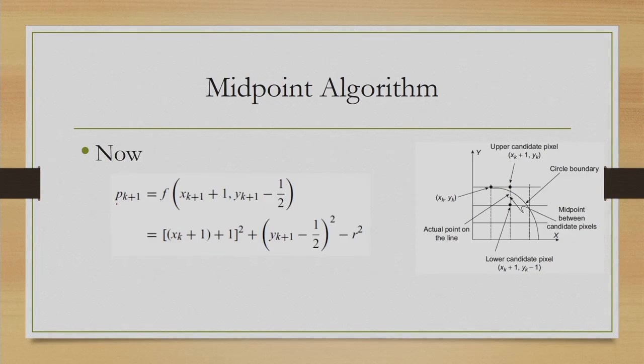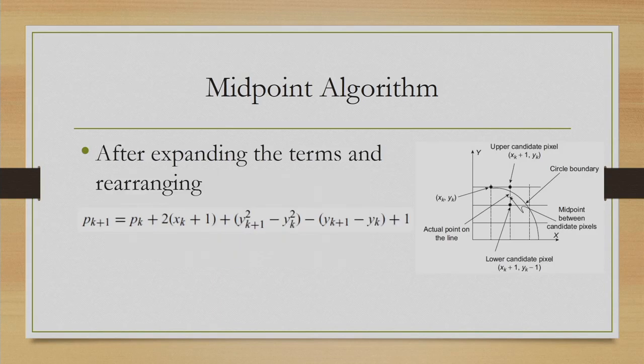Now, let us see the expression for the decision variable at the next step, that is pk plus 1. So, here our new point will be xk plus 1 plus 1 increment by 1 and yk plus 1 minus half, which after expansion will look like this. Now, we may expand it further and then rearrange to get a simplified expression, that is pk plus 1 is the current decision value plus this term.